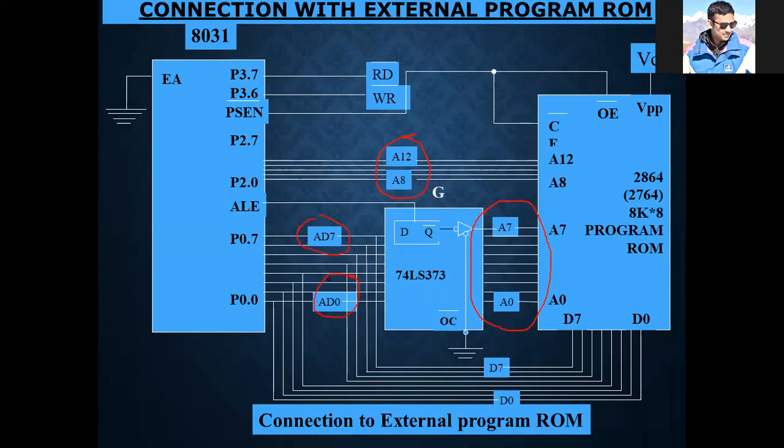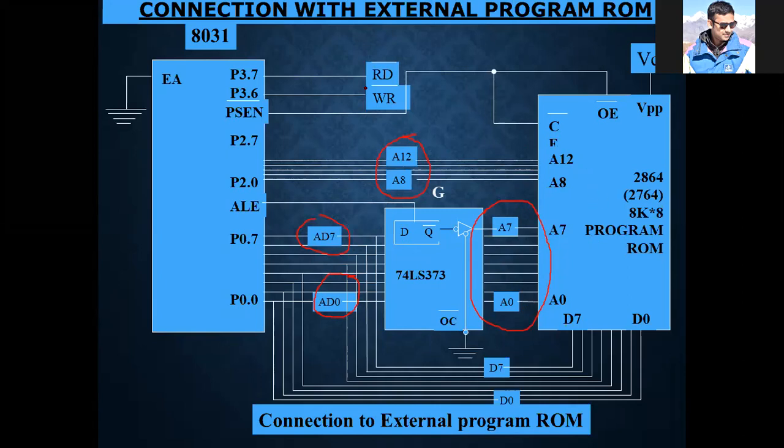That means the address needs to be separated from the data, so this latch IC is used, that is 74LS373. By this we are getting A0 to A7, these address lines, to this program ROM. Similarly A8 to A12 are directly connected, because the higher order address is not multiplexed with the data.